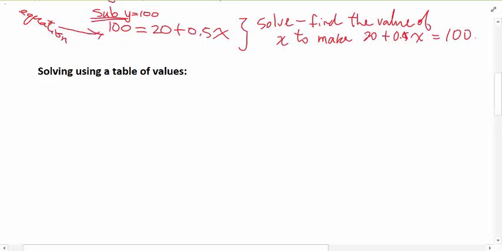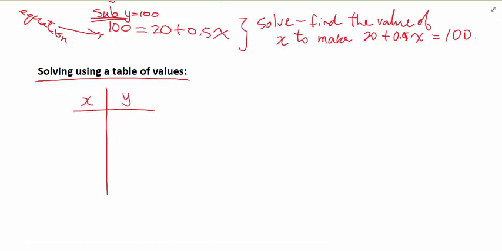Okay, so let's go here. So we're going to solve using a table of values. So here we go. X and Y. So again, we're looking for a value of X to make Y equal 100, right? So we can try something like 10.